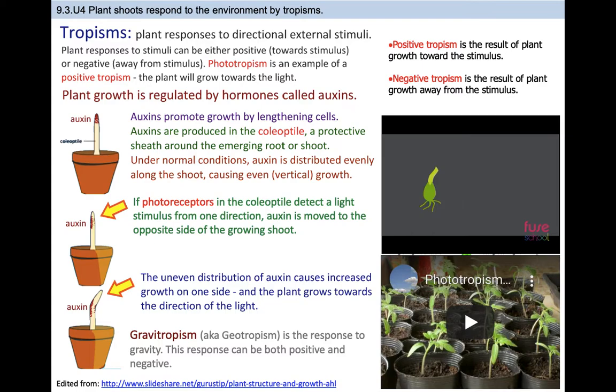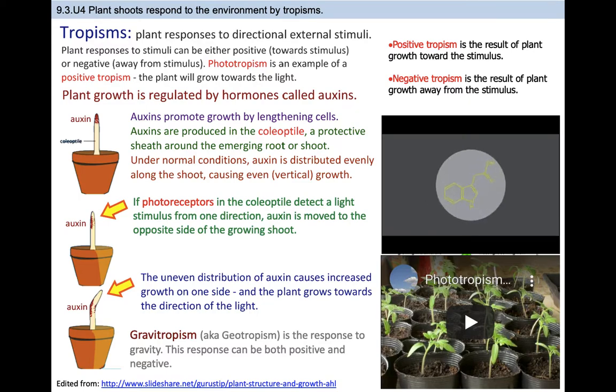But for this, the seed needs energy. Luckily, the seed releases a hormone called gibberellin, which causes the starch in the seed to turn into sugars and provides the seed with energy to grow. As well as causing shoot growth, gibberellins can also stimulate flowering and the production of fruit in some plants, and they also work with auxins to cause stem elongation.